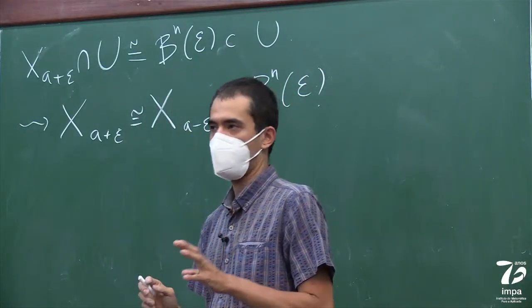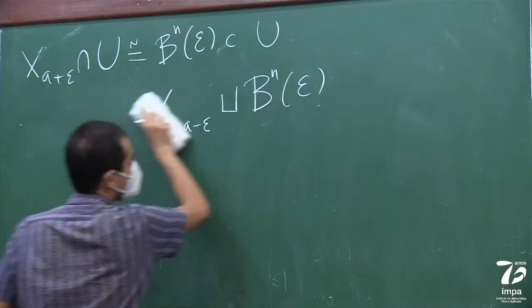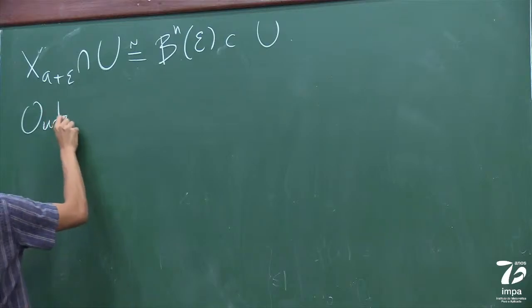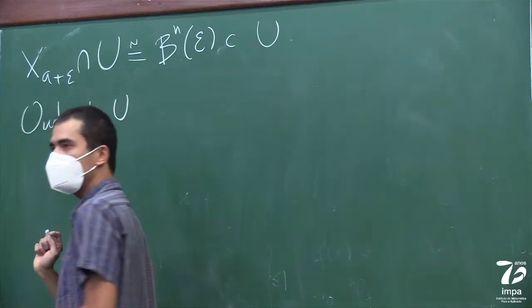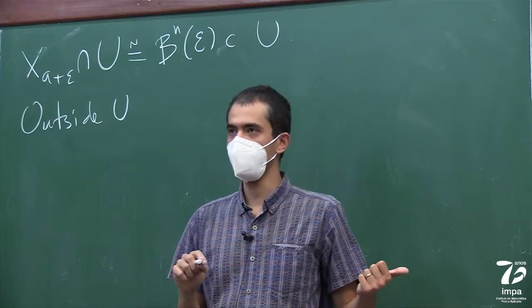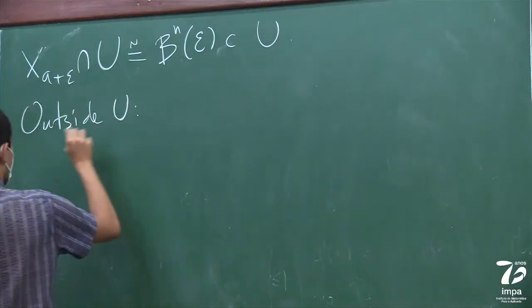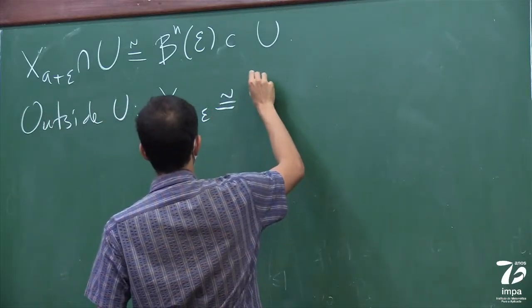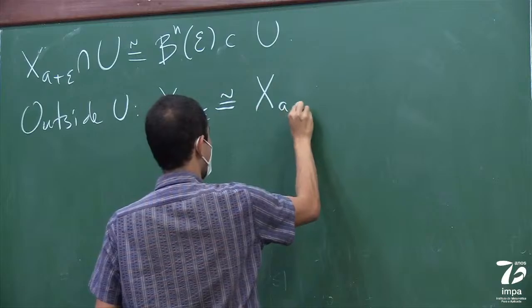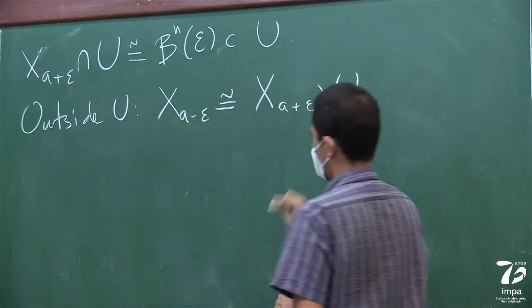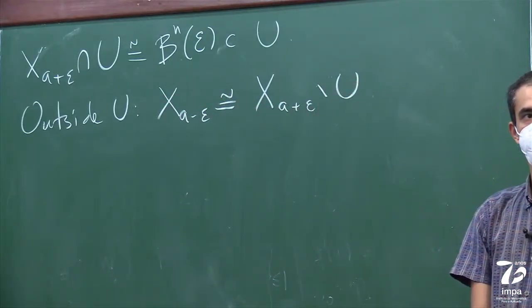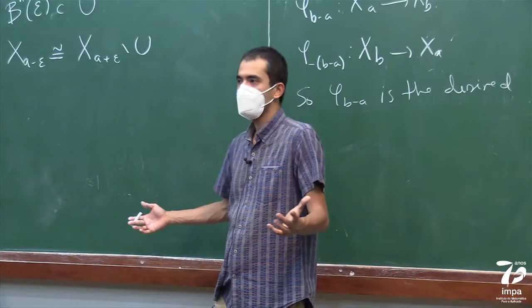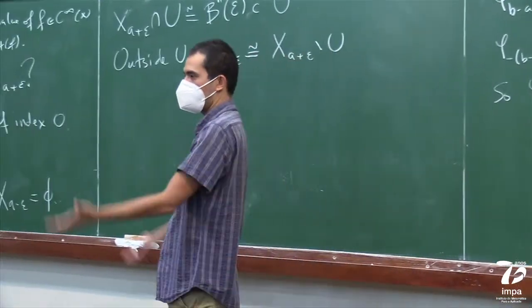Well, actually, sorry, before I say this, I should say one more thing. Outside U, you can use the same argument as before to prove that x^(a-epsilon) is diffeomorphic to x^(a+epsilon) minus U. If I don't look at what's happening inside of U, then I can do the same diffeomorphism as before, just using the flow.